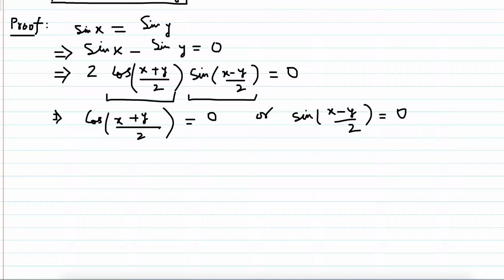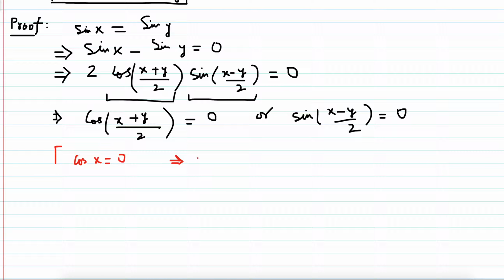And we had also seen that if cos x is equal to 0, then x has to be some odd multiple of pi by 2. So cos pi by 2 is 0, cos 3 pi by 2 is 0, 5 pi by 2 is 0, 7 pi by 2 is 0, but even multiples of pi by 2 will not be 0, because cos 0 is 1, cos pi, which is 2 times pi by 2, is minus 1.